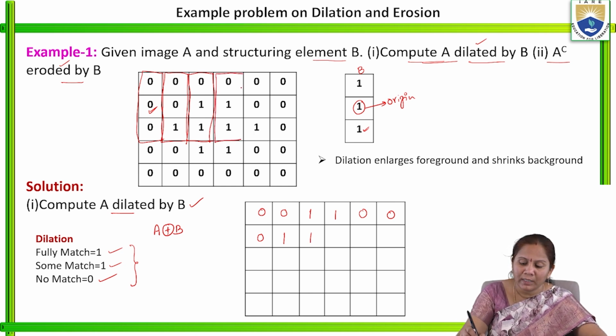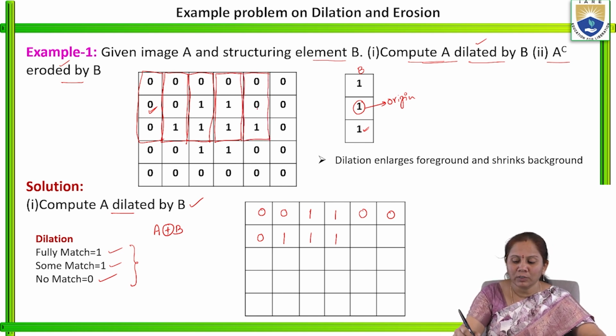To find the next value, shift the structuring element. It is also 0, 1, 1, so at least these two elements are matched. So we will consider this value also as 1. Now, to find the next element, 0, 0, 1.